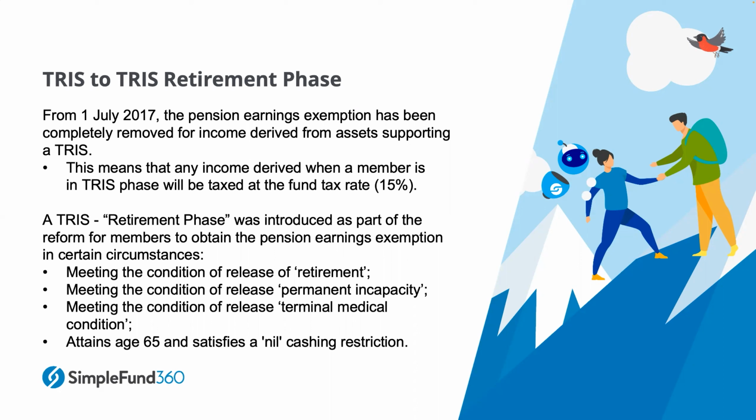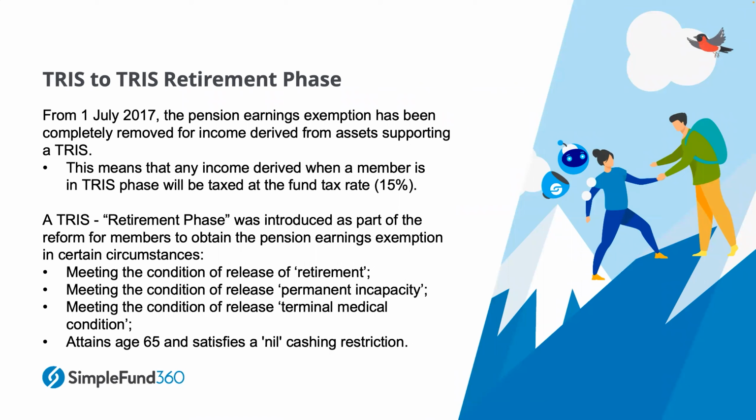Initially we only had a transition to retirement phase for pensions, but from 2017 they changed how that works, but also introduced a TRIS retirement phase. So from 2017, what they said was for TRIS accounts, or transition to retirement income streams, is that they lose their tax exempt status. So TRISs are going to be taxed at 15%.